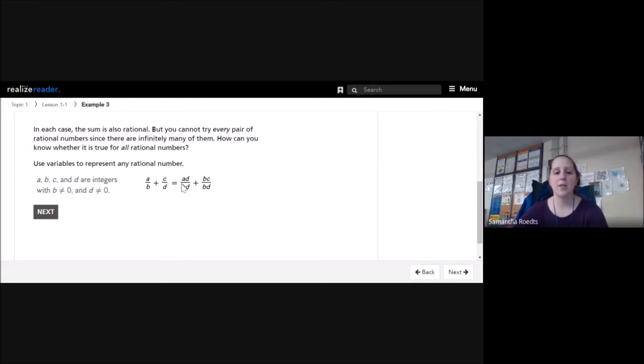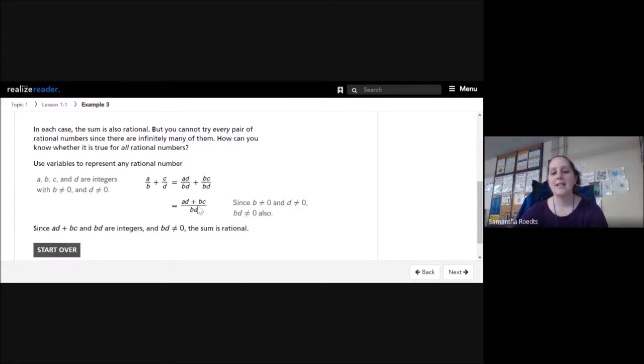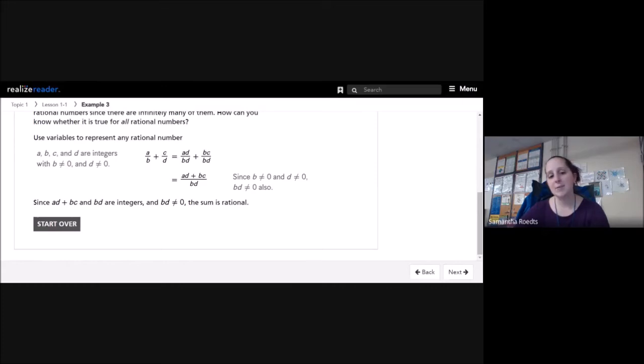Basically, I multiplied this by D and this by B so I could have a common denominator. So I get AD plus BC over BD. Again, B can't be 0, D can't be 0, so BD also can't be 0. Since AD plus BC and BD are integers and BD can't equal 0, the sum is rational.